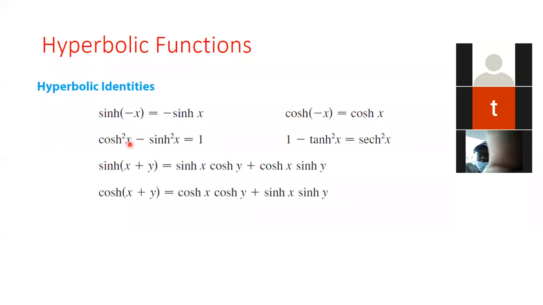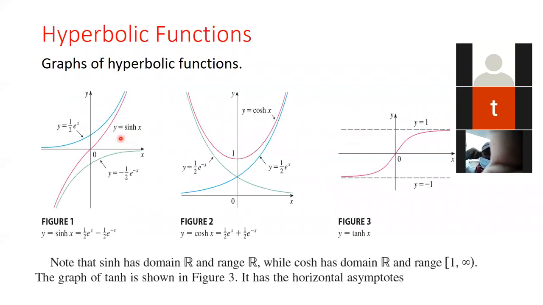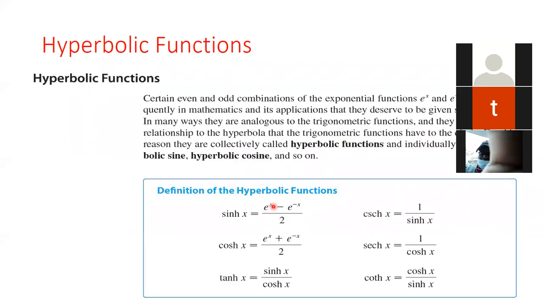I know Mr. Zweni likes to bring such questions up. So it is very advantageous for you guys to be able to prove these things. But it's very simple, because as you can see here, you're just going to change this cosh into e to the x plus e to the negative x divided by 2, and then square the whole thing, minus whatever is there.